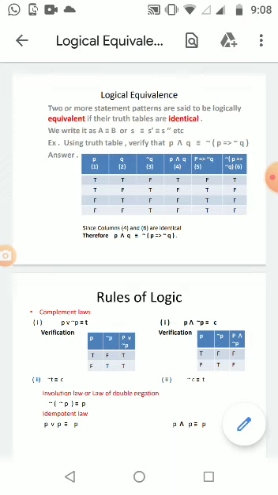And how many logical connectives? One on the left side and three on the right side, so a total of four logical connectives and two component statements. So 2 plus 4 is equal to 6, and therefore the table has 6 columns and 4 rows.